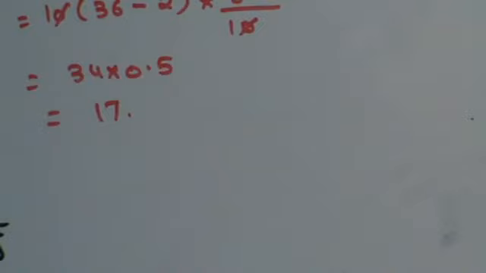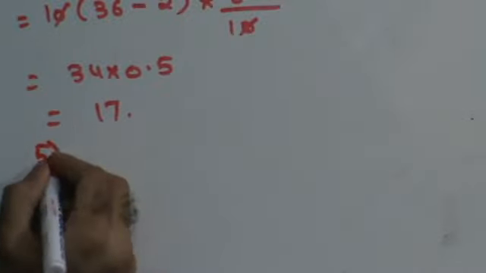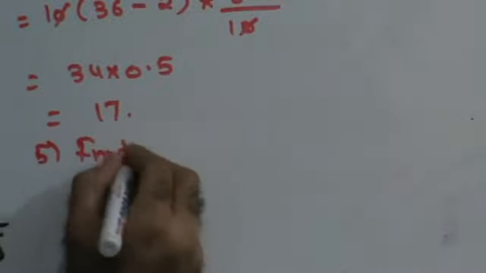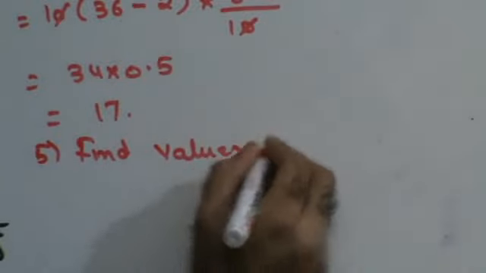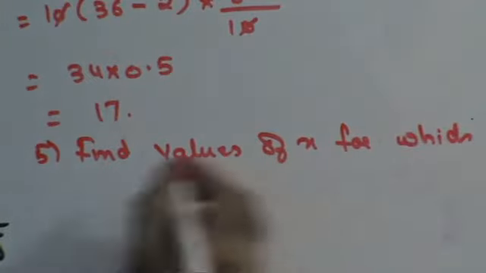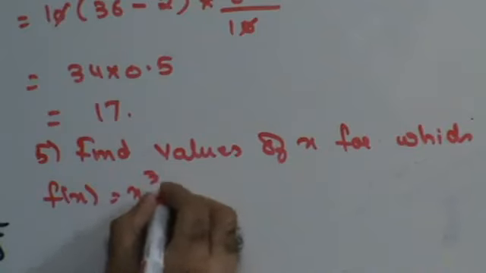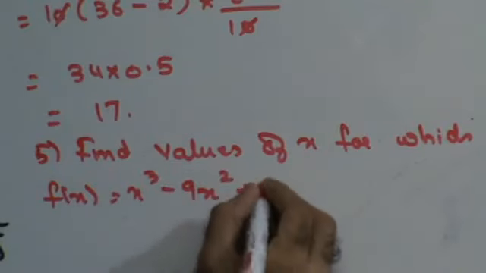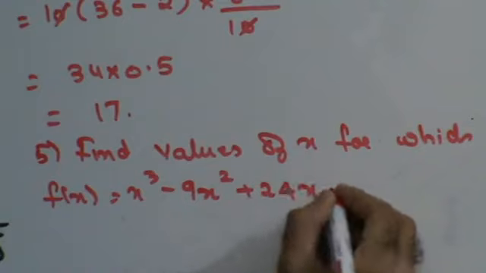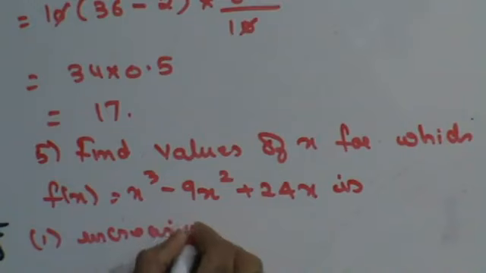Okay, so next let's move on to the next one, guys. Find the values of x for which f of x is equal to x cube minus 9x square plus 24x is increasing, decreasing.